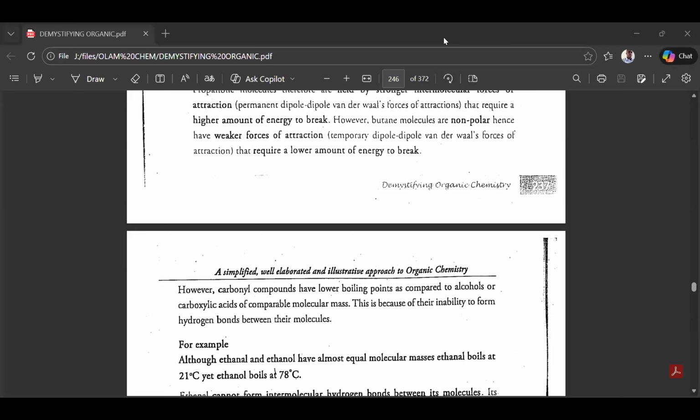Let me type them here. I said the first one is cyclopropanone.